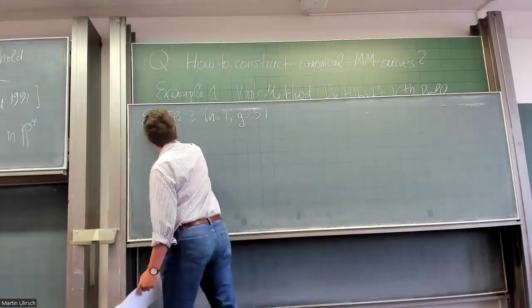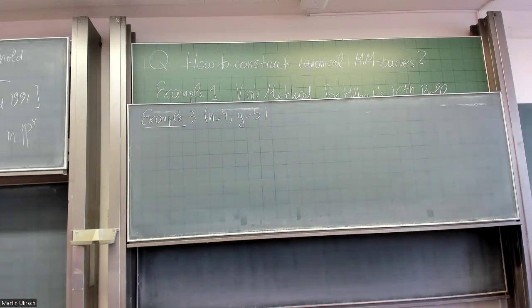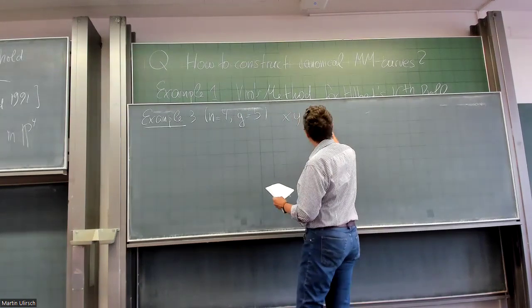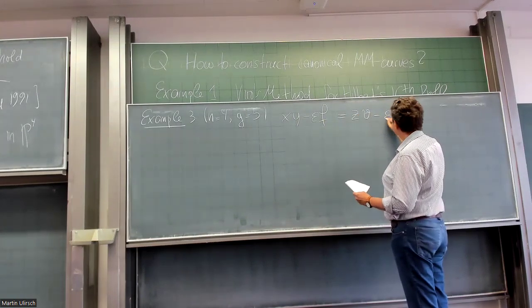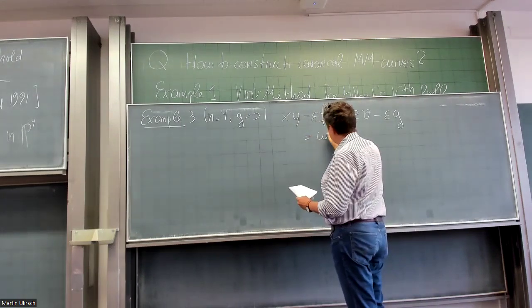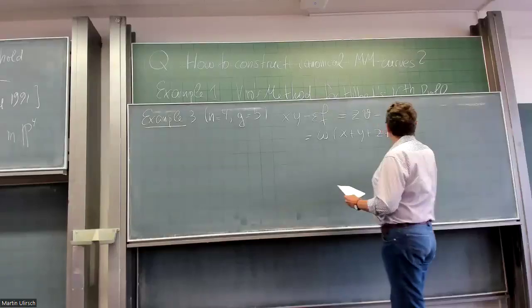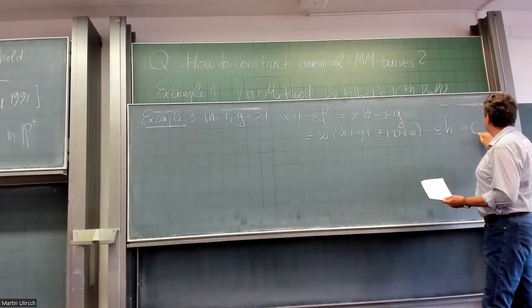So this will be my MM curve based on the 3-dimensional cube with coefficients that are much more happy and more friendly than those you get from Vero. So I'm going to take the following equations: xy minus epsilon f, zv minus epsilon g, and my third equation is w times (x plus y plus z plus v plus w) minus epsilon h, and all this is 0.